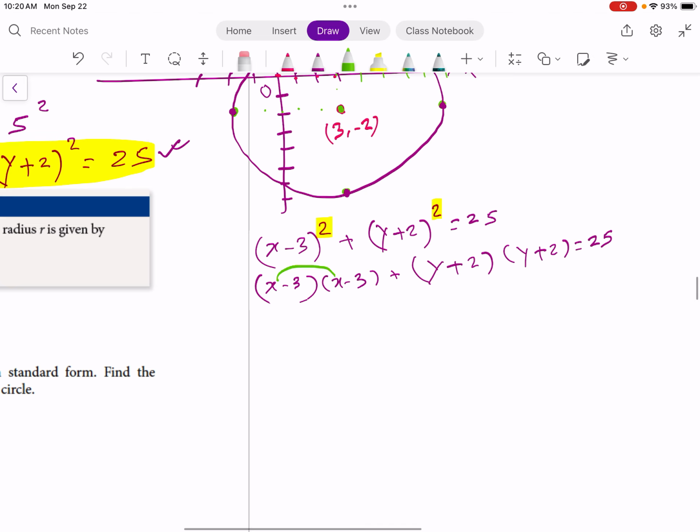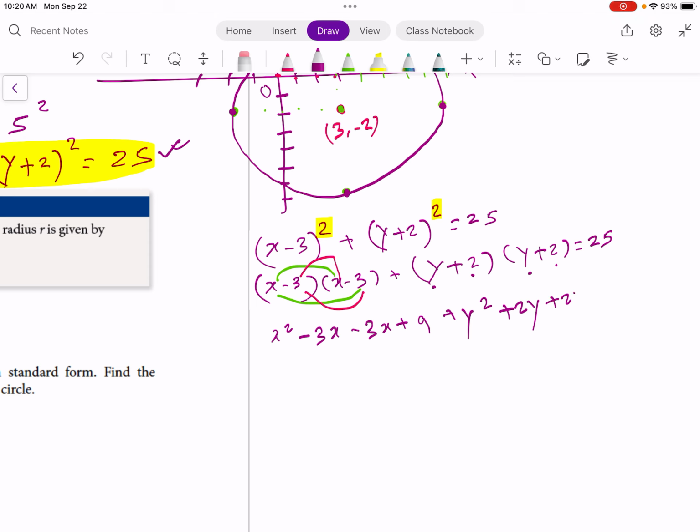So x times x, we have x². x times -3 is -3x, -3 times x is -3x, -3 times -3 is positive 9. In a similar way, let's use FOIL. y times y is y², y times positive 2 is positive 2y, positive 2 times y is positive 2y, positive 2 times positive 2 is positive 4, equals 25.